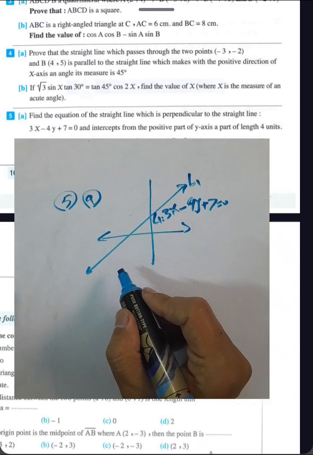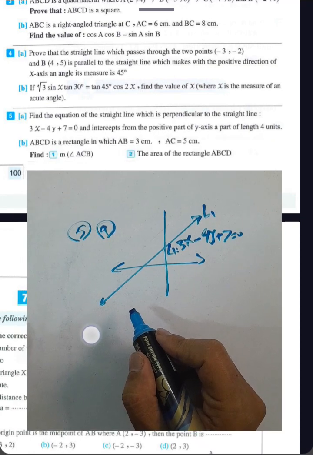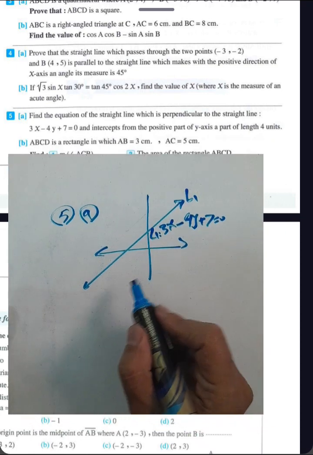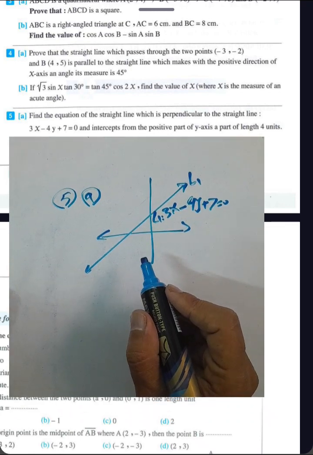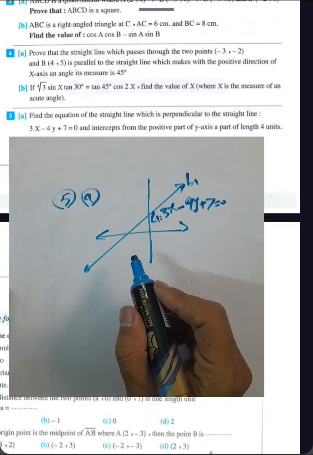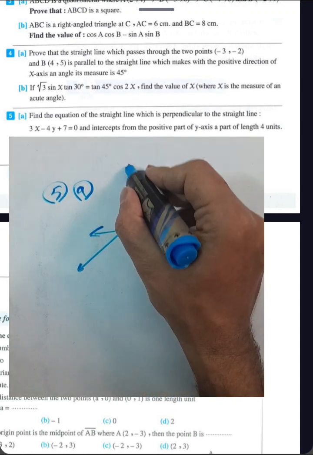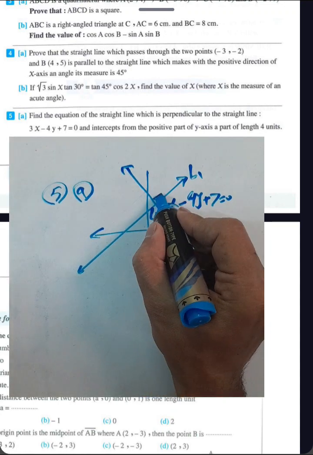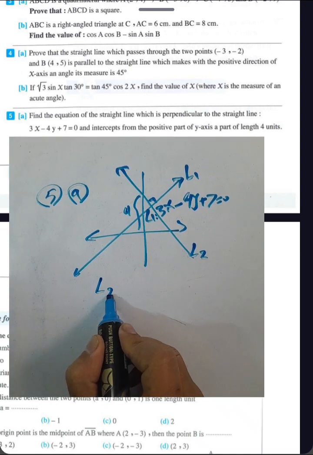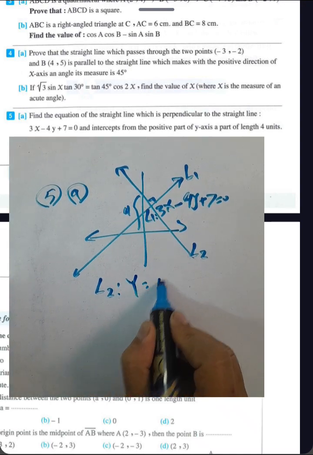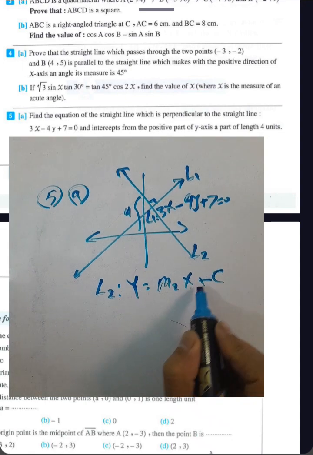And you would find the straight line perpendicular to this straight line and intercepts from the positive part from y-axis 4 lengths. You can write this equation such that y equal m2x plus constant.